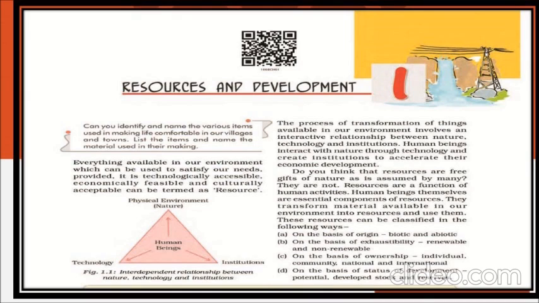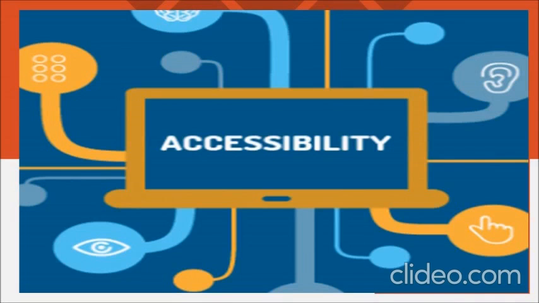So children, there are three conditions that have to be fulfilled for anything or any material to be called a resource. The first is technologically accessible, the second is economically feasible, and the third is culturally acceptable.